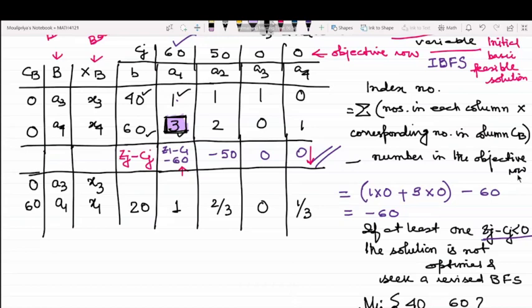So we are dividing all the elements by 3. Now how do we get the elements of the first row? There's a little bit of calculation involved.